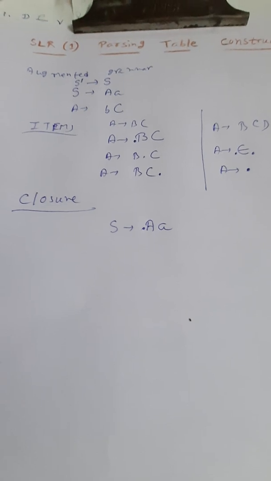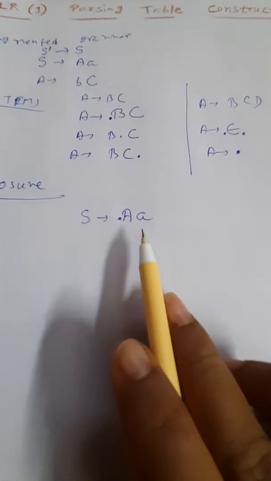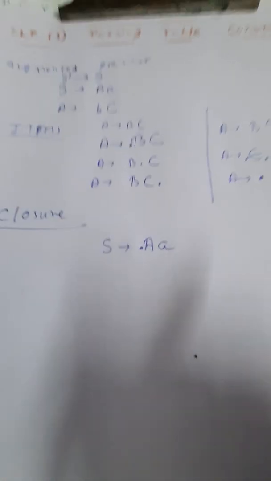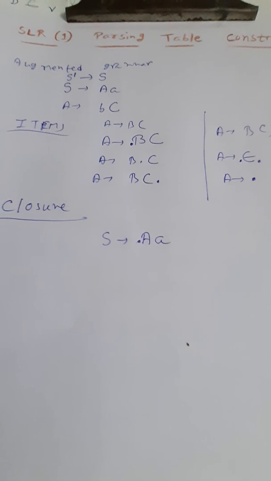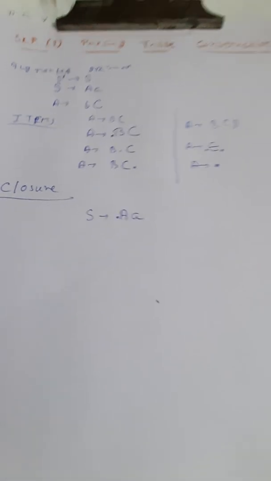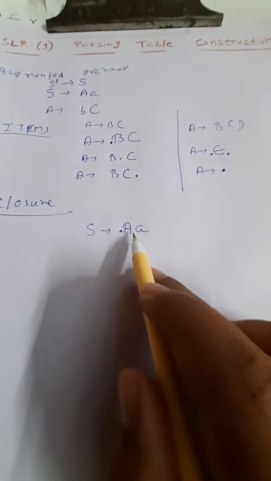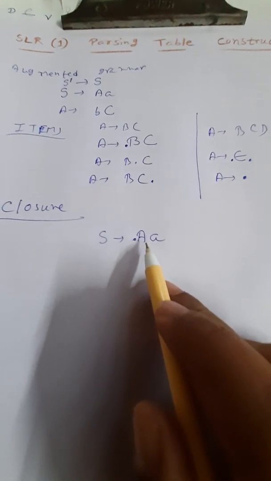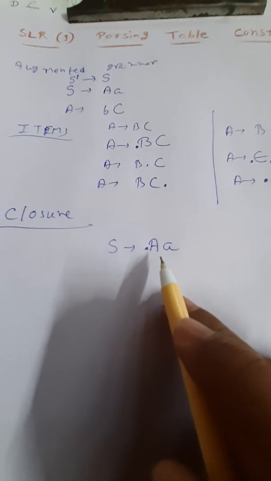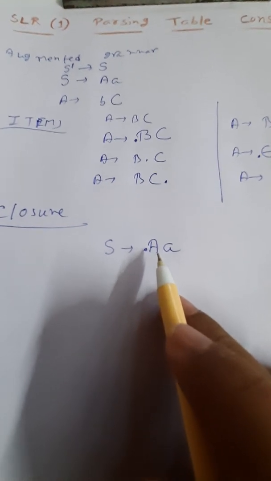So what's the closure? While finding the closure, we must add this rule first. So this is the first rule of the closure set. Next we see what is after the dot. After the dot there is a capital A. So we have to look, is there any rule where A produces something?